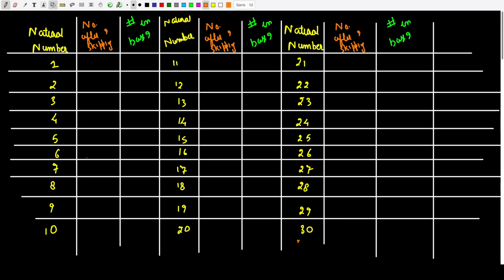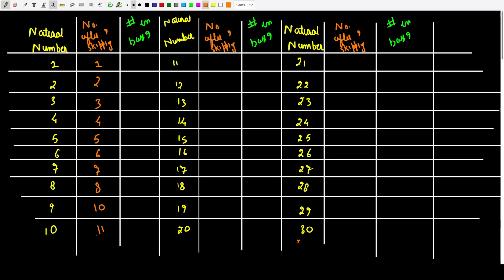Now if we have to skip 9 and write down the natural numbers, let us write it down. So 1, 2, 3 until 8 it is fine. Now since the next natural number is 9 and we have to skip 9, the next number after skipping 9 will be 10, and that is what will come over here.